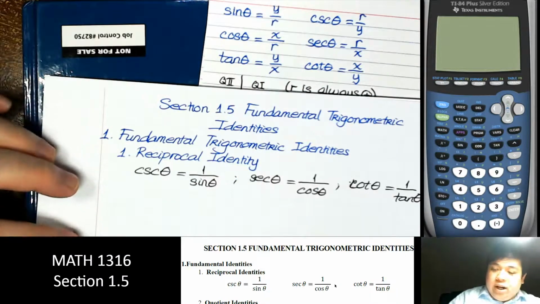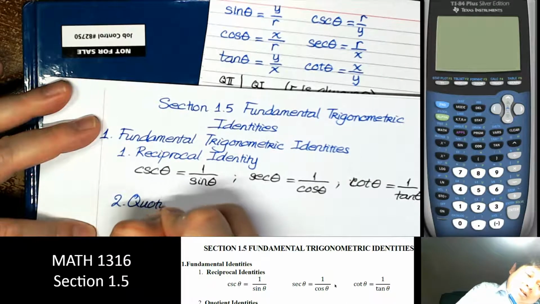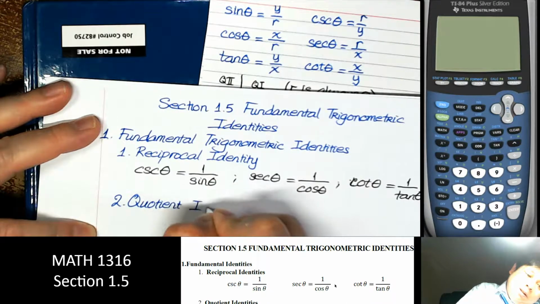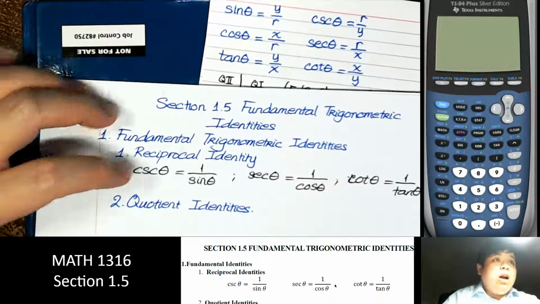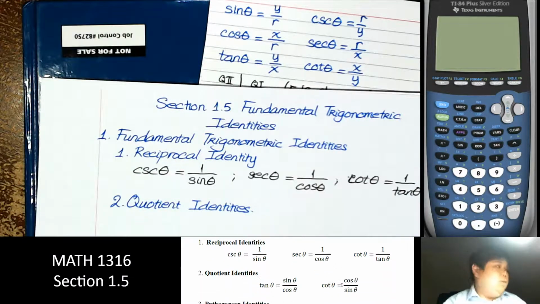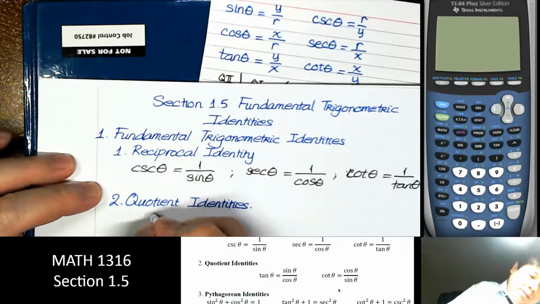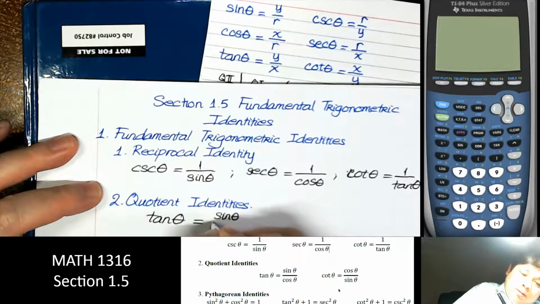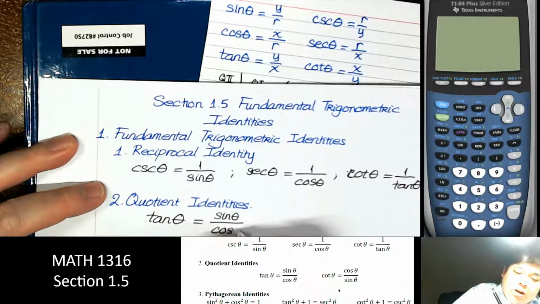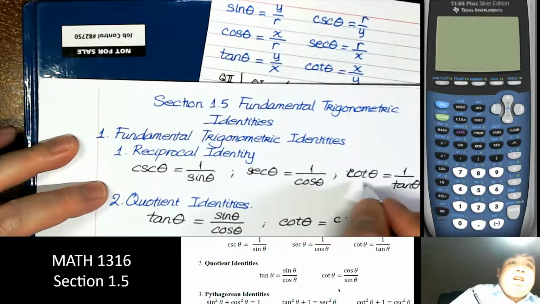Next, quotient identities. I will write the identities first. Tangent equals sine over cosine, and cotangent is the reciprocal of that, right? Cotangent and tangent just flip-flop.